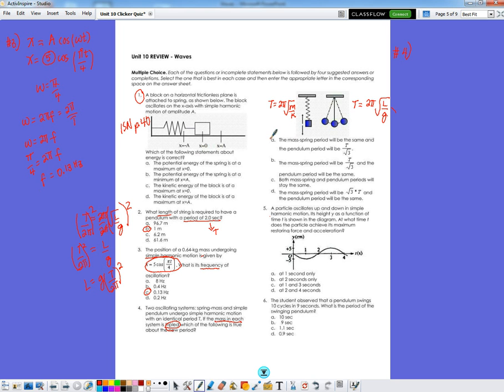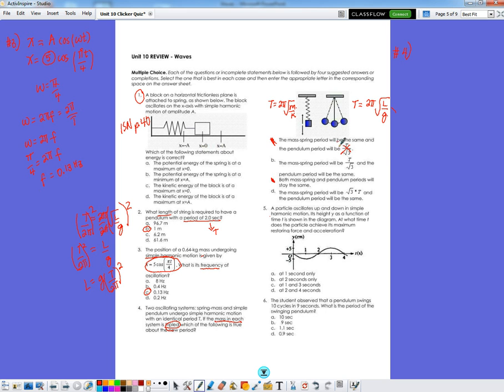So we can already cancel letter A because the pendulum will not change. So it's either B, C, or D. And we know that the mass is affecting the period of the mass spring system, so it means this one will not be true also.